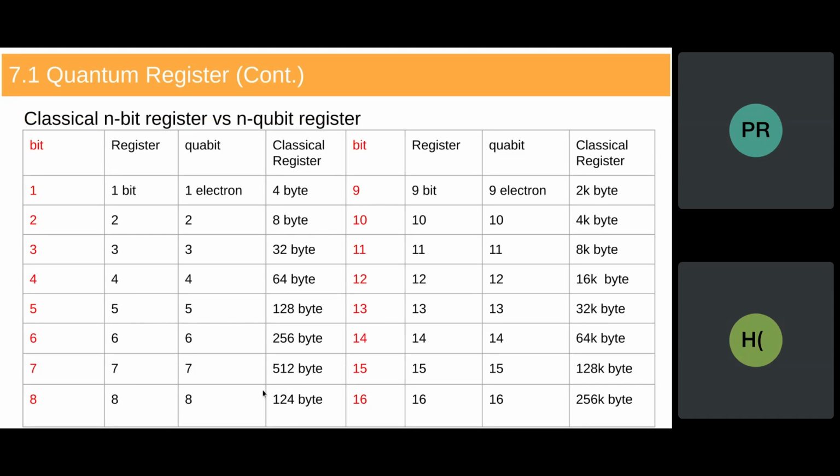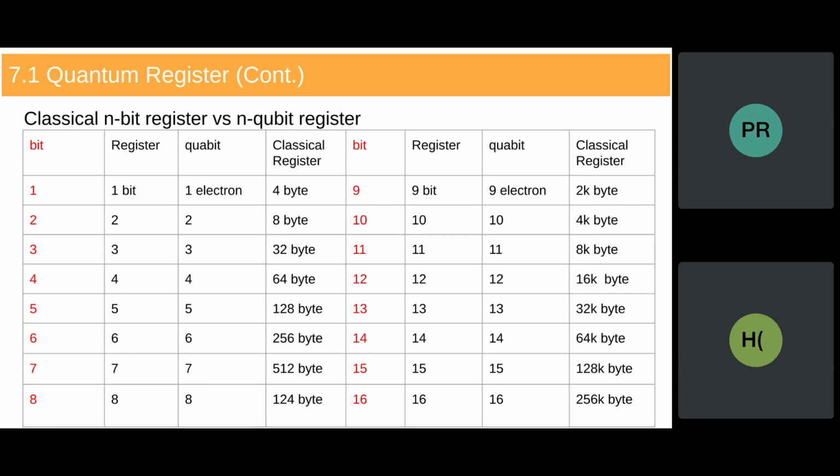If you have classical bits 1, 2, 3, 4, 5, 6, 8 up to 16, we are seeing the qubit register represented by 1 bit here. A qubit is represented by electrons, so you have 8 electrons, 16 electrons, whereas the classical register value gets to 256 kilobytes just for a 16 qubit.